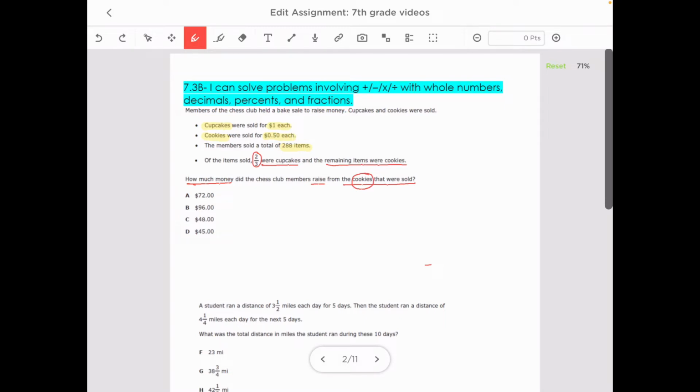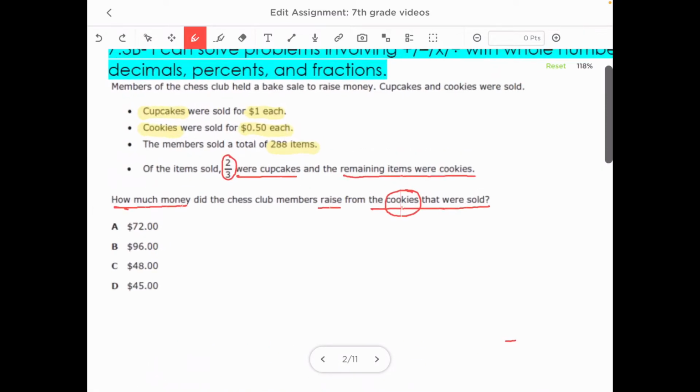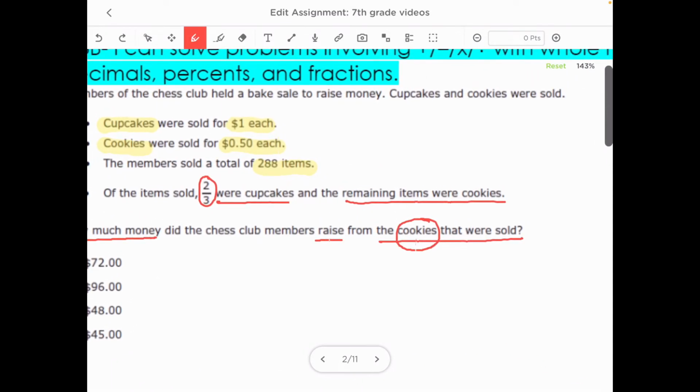Now, we can go about this by doing two things. We can do it the long way, or we can do it the short way. I'm going to do it the short way. So I know that 2/3 were cupcakes, so that means that 1/3 of the items sold were cookies.